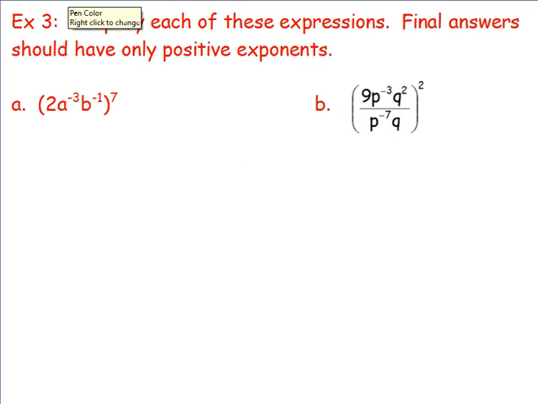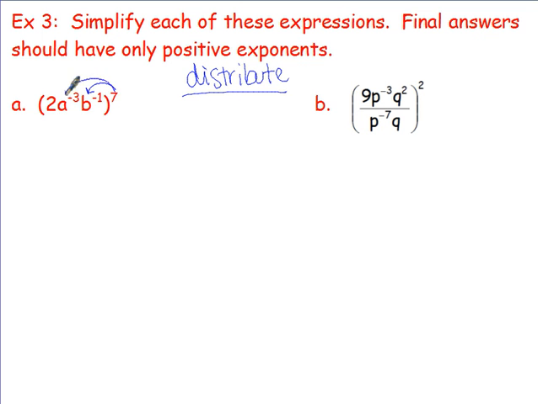Alright, let's check your answers. Is there parentheses? Yes. These are the first examples today that we need to distribute. Now, hopefully you didn't make this mistake. This 7 gets distributed to B and A and the 2.